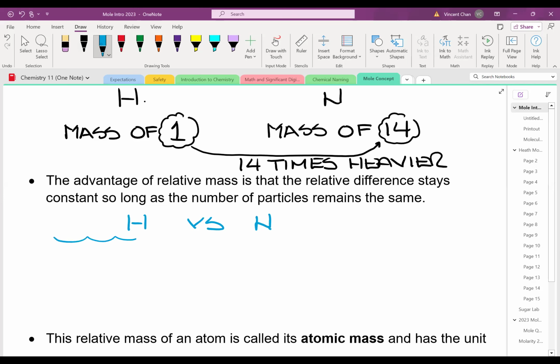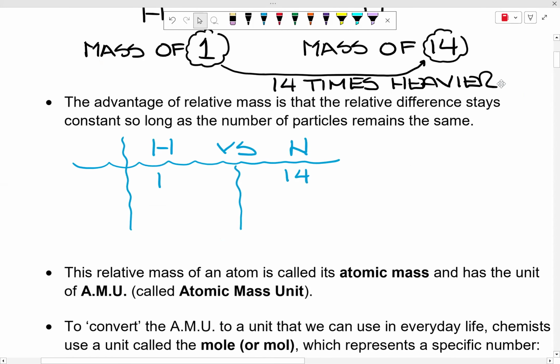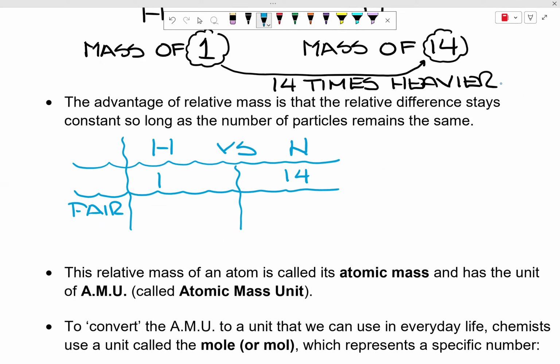If we were to make a little table, we know that hydrogen has a mass of 1, while nitrogen has a mass of 14, because it was 14 times heavier. Now, what if we had a pair of hydrogen? If we had a pair, this would be 2, and this would be 28.